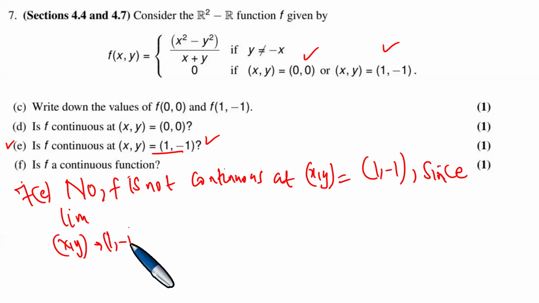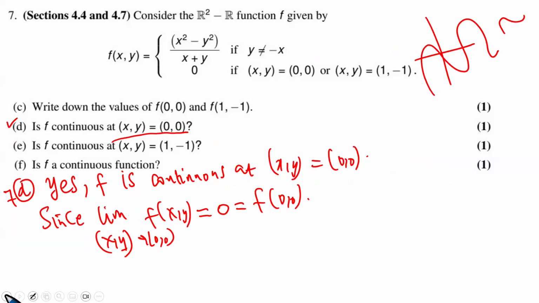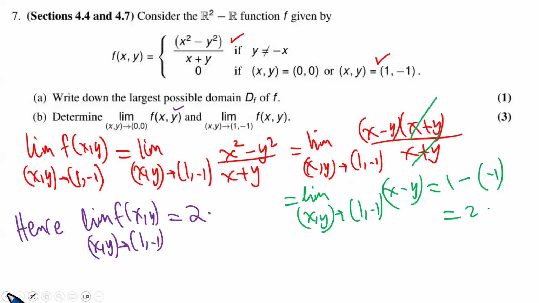Since the limit of f of x and y as x and y approach the point, what is the value of this limit? We saw it. We obtained 2. So this limit is 2.